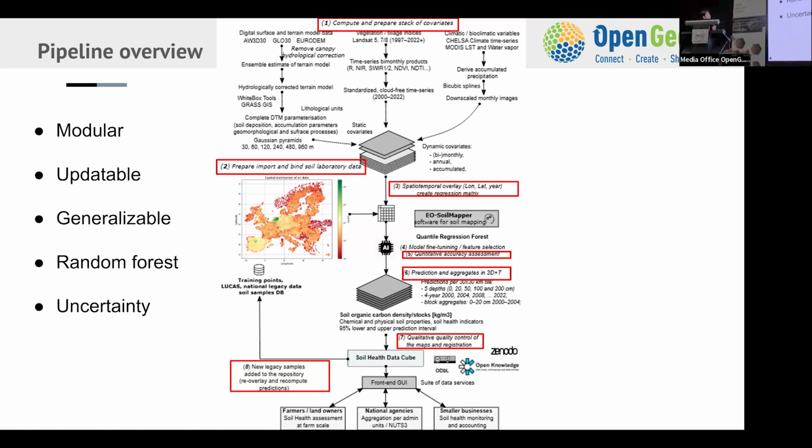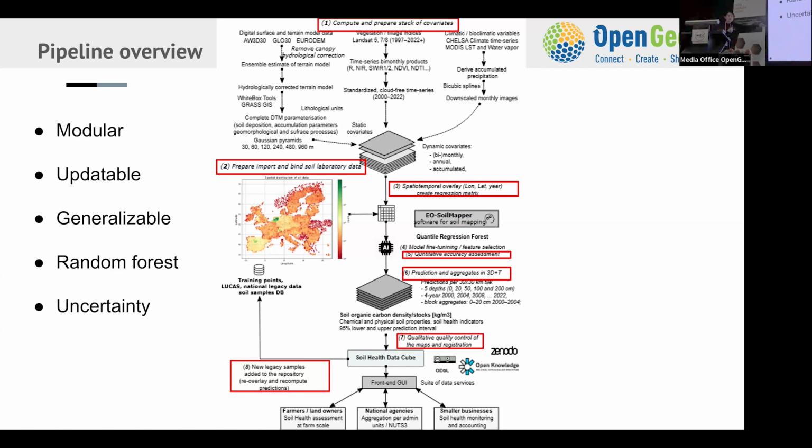Some features about this pipeline: it is modular and updatable. So whenever you spot some faults in the pipeline or in the data products, you can just rerun the whole pipeline to get a new, updated version of the data. It's generalizable. I use it in carbon density modeling and mapping, but you can also apply it to other environmental variables like, I don't know, tree or plant cover, soil pH, other soil properties.